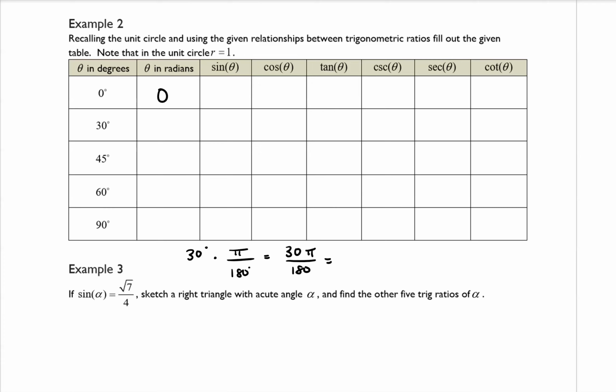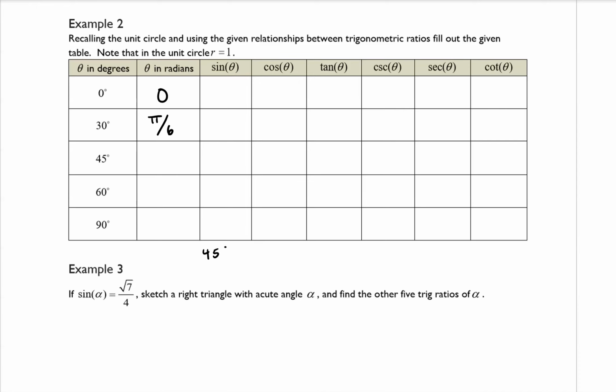And the nice thing about tens is you can cancel out the zeros when dividing. So it's 3 over 18. But we know that both of those are divisible by 3, and so that's going to simplify into pi over 6.